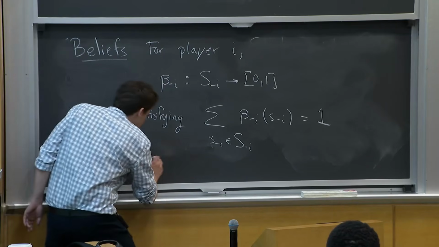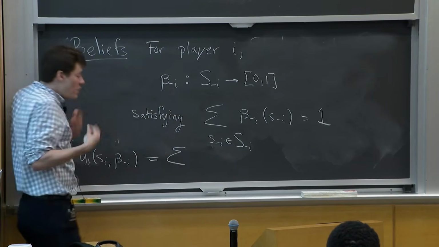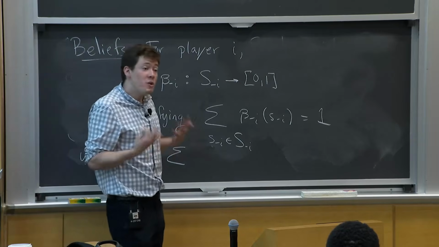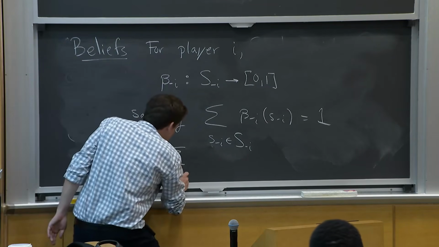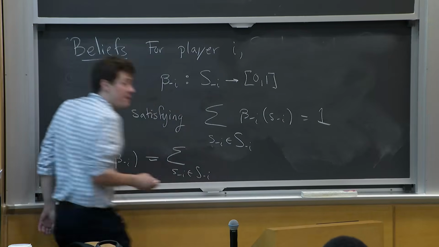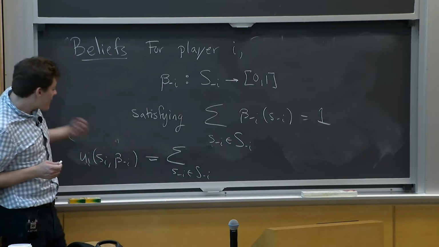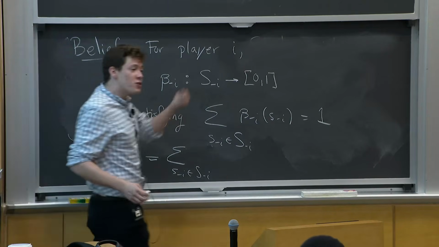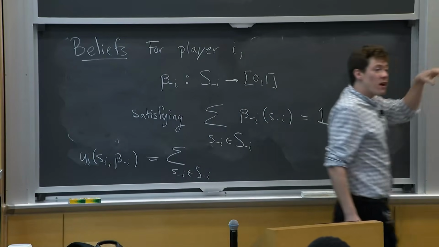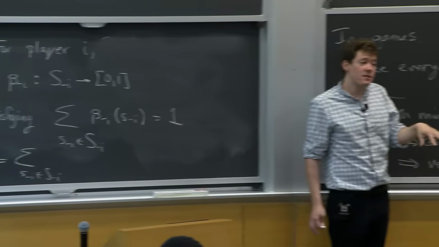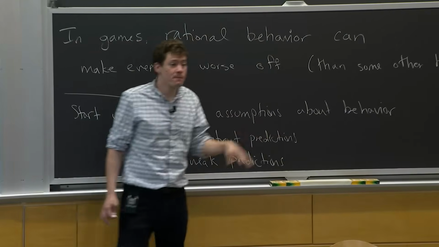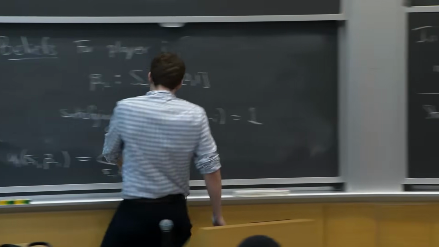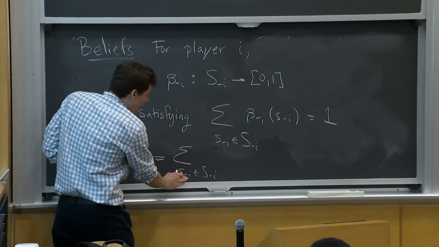So we're going to need to do a summation. We always sum over things we don't know. What we don't know is how my opponents play. So this is going to be a sum over S negative I in S negative I. And we're taking an expectation. So for each way that my opponents could play, I want to consider the probability that that happens, and then multiply that by the utility I get if that does happen. So what's the probability that S negative I happens?